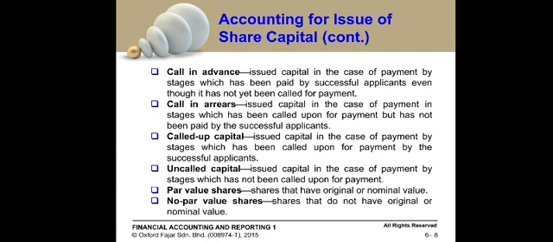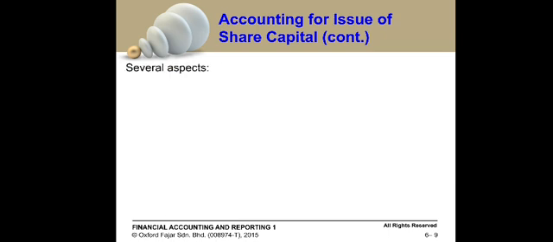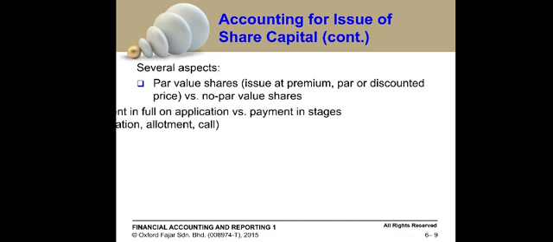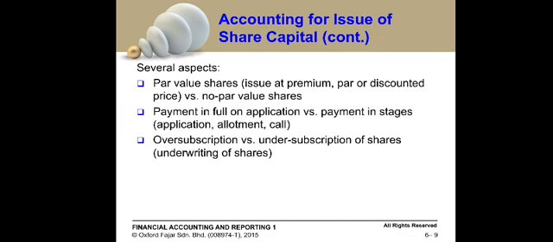Now in Malaysia, we have no par value shares. A company can set a price for their shares and sell them to the public, and all the amounts are credited to the capital account. Okay, see here.